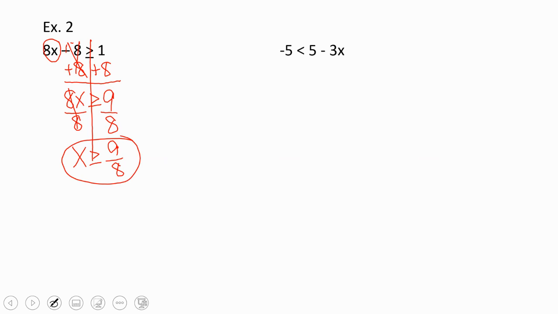I'm not sure on GMM if they want you to make it a mixed number or not. If they do, then your answer would be x is greater than or equal to 1 and 1/8. 8 goes into 9 one time with 1 left over. And then we graph that.